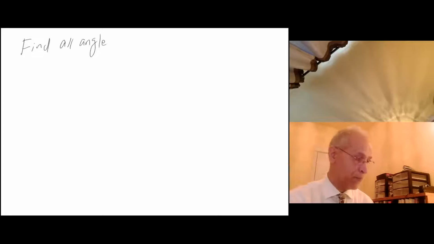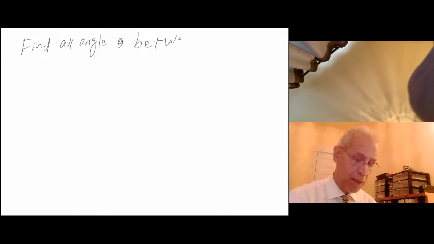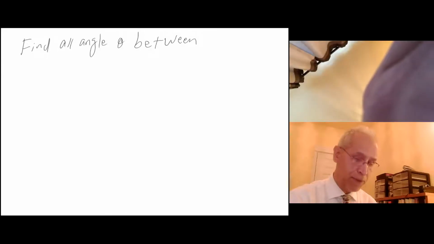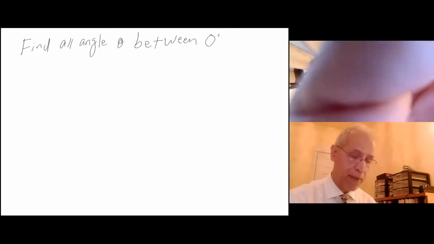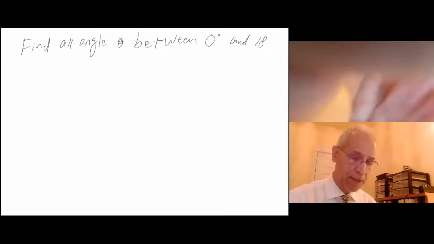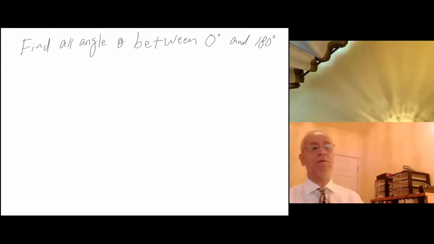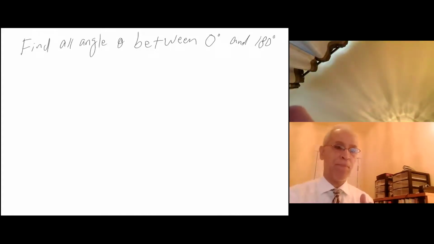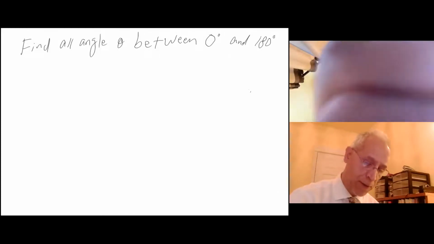All angles. Theta between 0 degrees and 180 degrees. So between, that means quadrant 1 and quadrant 2.